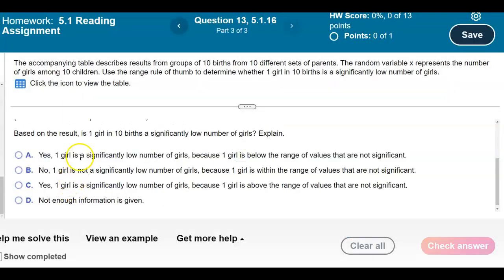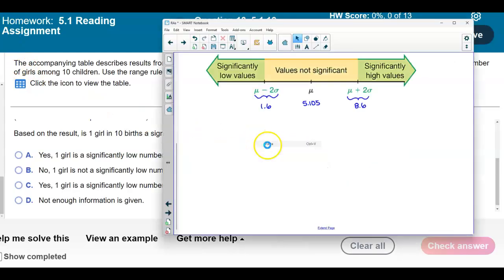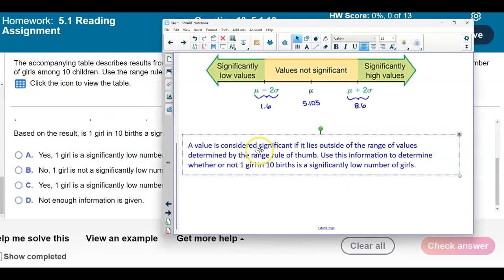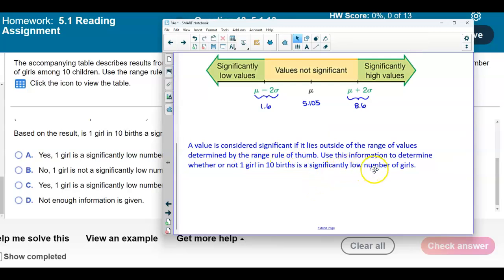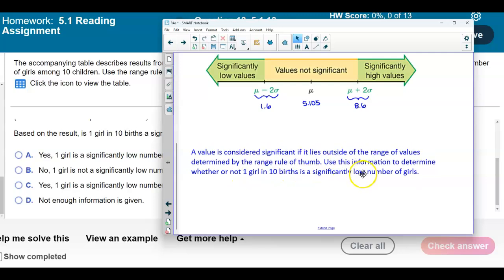Okay, now it says, based on the result of 1 girl in 10 births, is that a significantly low number of girls? Okay, so what it's saying here is that a value is considered significant if it lies outside of the range of values determined by the range rule of thumb. We want to use this information to determine whether or not 1 girl in 10 births is a significantly low number.